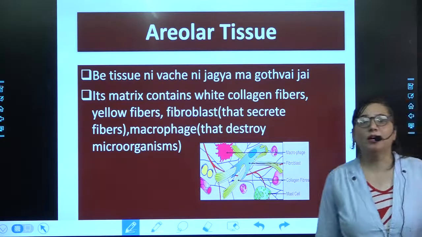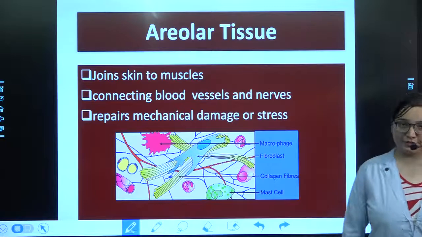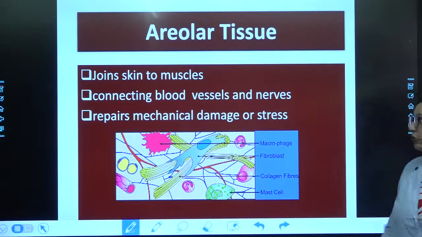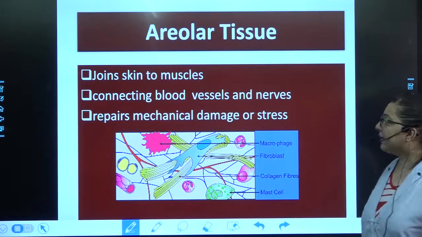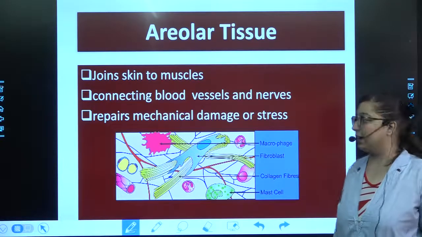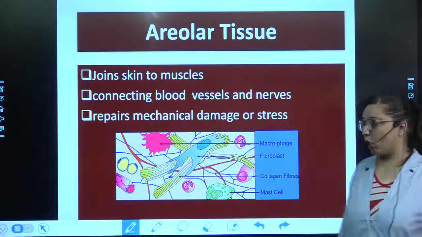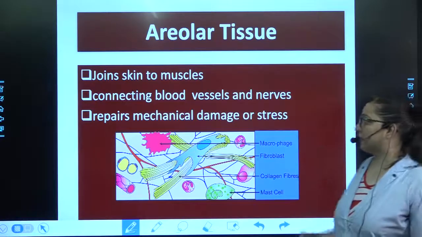Okay, now areolar tissue. Some more points are over here. Its basic functions are to join the skin to the muscles. Then it connects blood vessels and nerves and repairs the mechanical damage or stress, whatever it is there. So these are its functions.